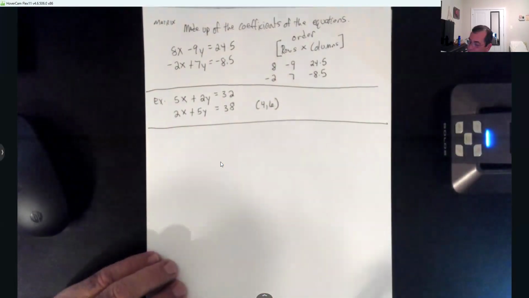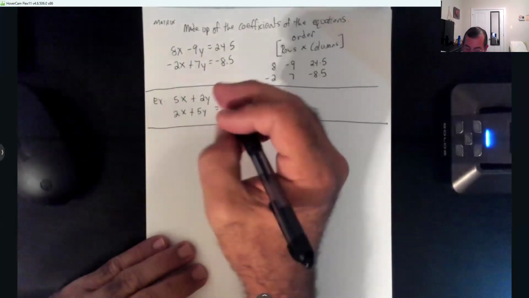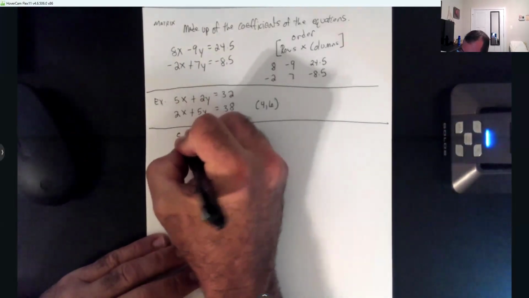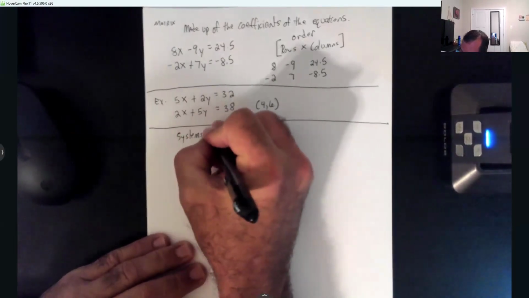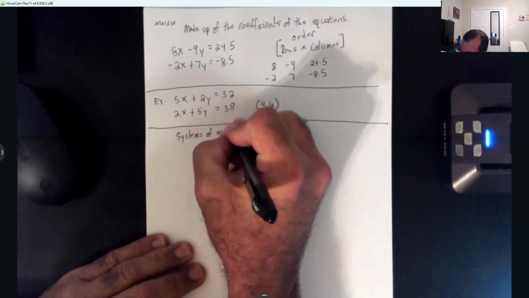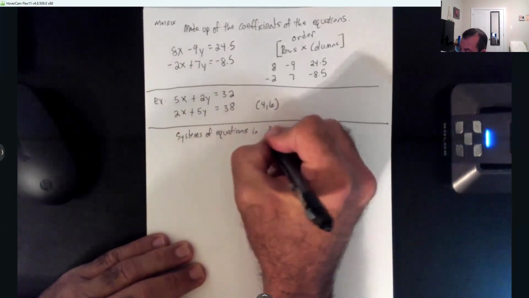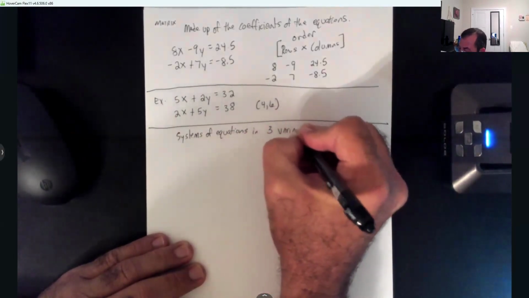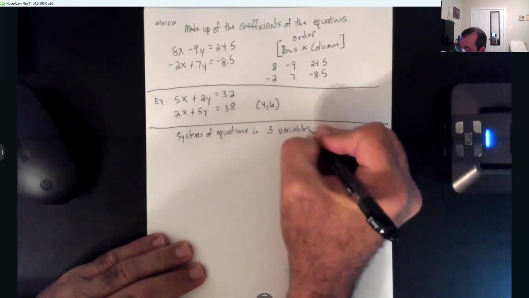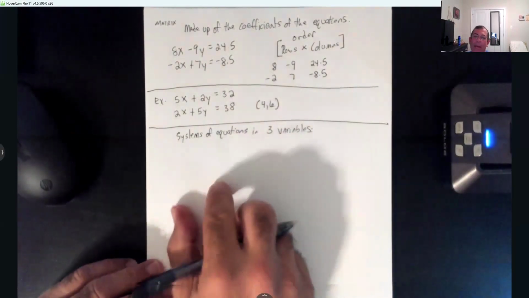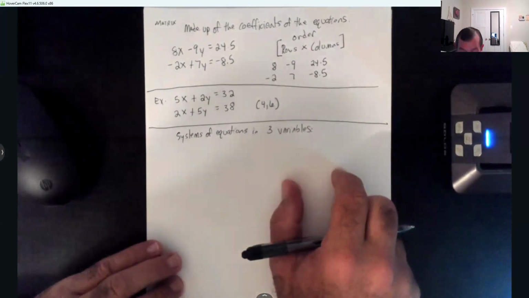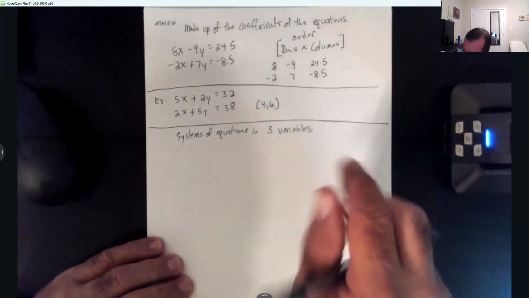But y'all, we're gonna get into some tricky ones. These are systems of equations in 3 variables. So we're gonna have X, Y, and Z on these ones, okay?